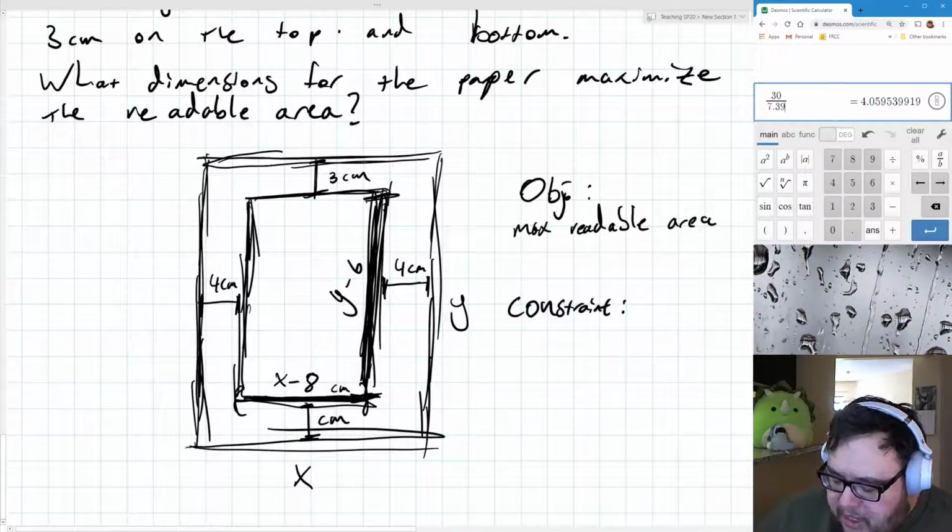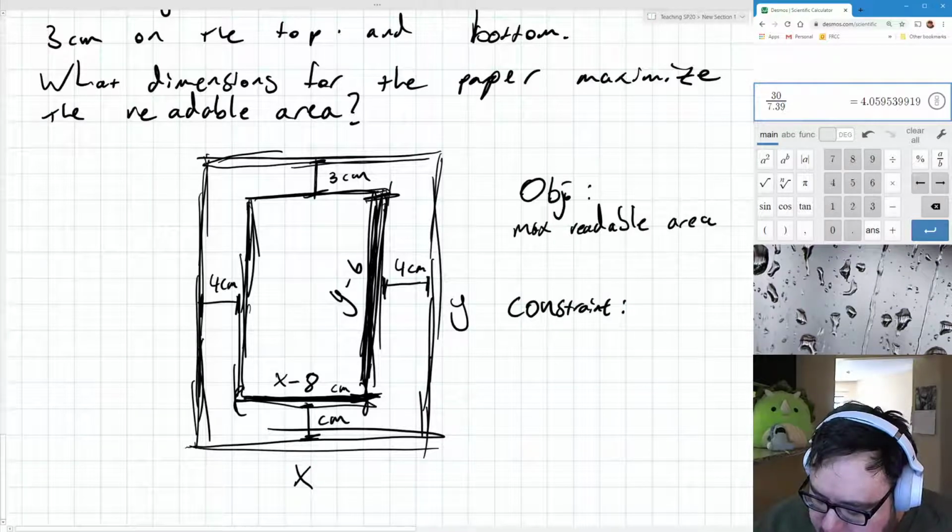So our max readable area, let's call that R, is equal to x minus 8 times y minus 6.